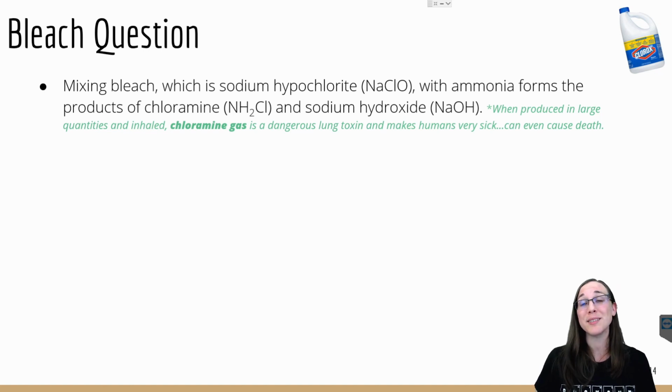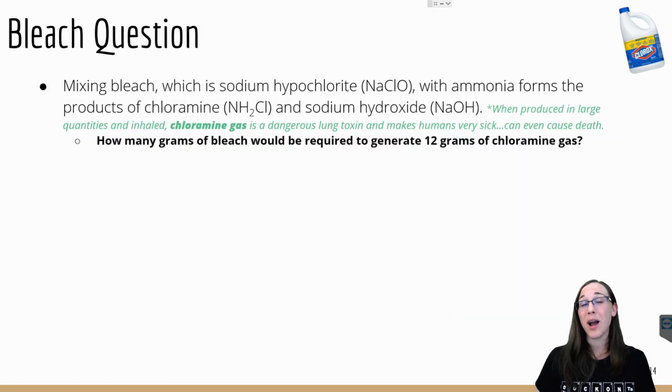But if you were to mix bleach, which is sodium hypochlorite, NaClO, with ammonia, it forms chloramine and sodium hydroxide. If I wanted to know how many grams of bleach would be required in order to create 12 grams of this really horrible chloramine gas, I could do my dimensional analysis setup to figure that out.